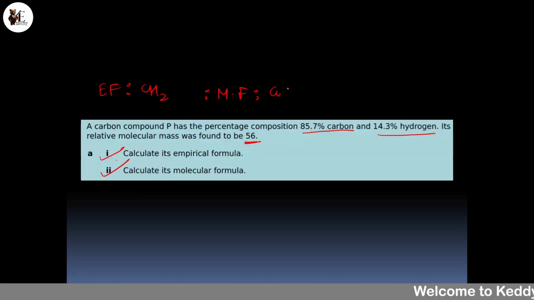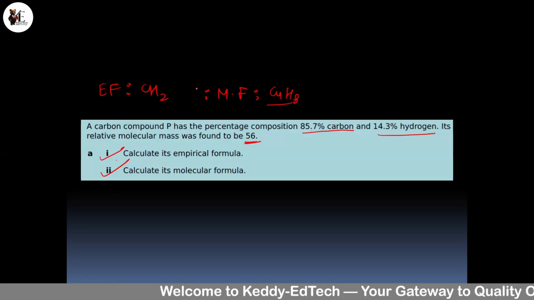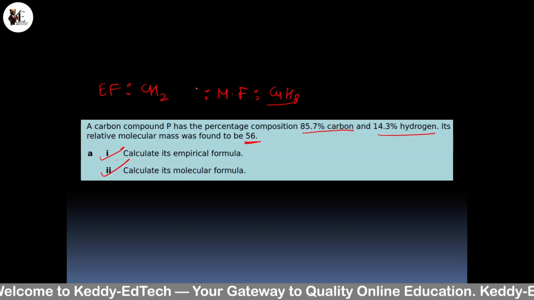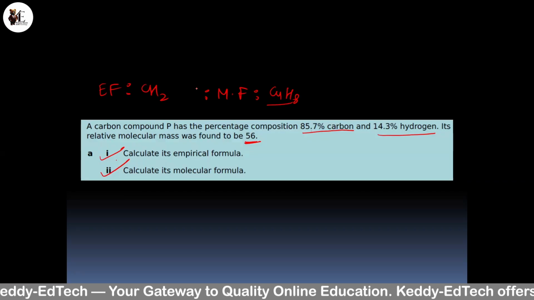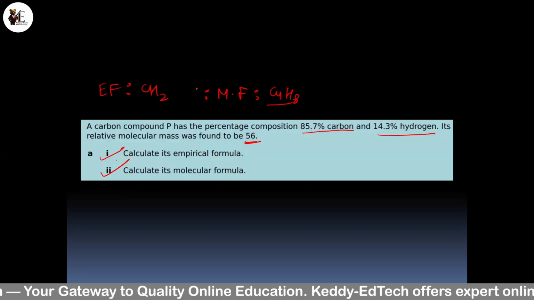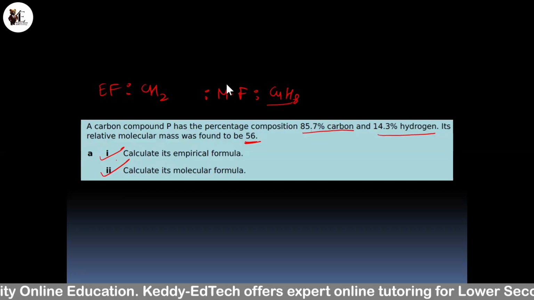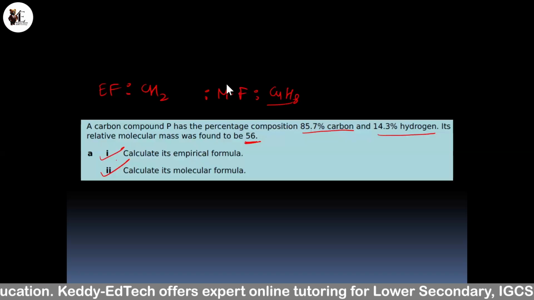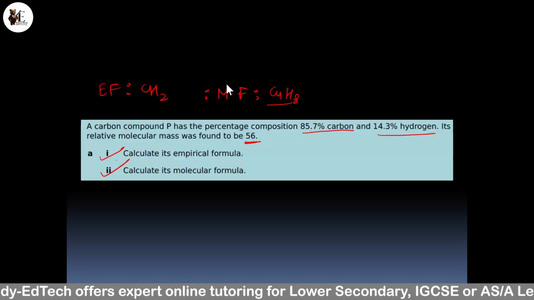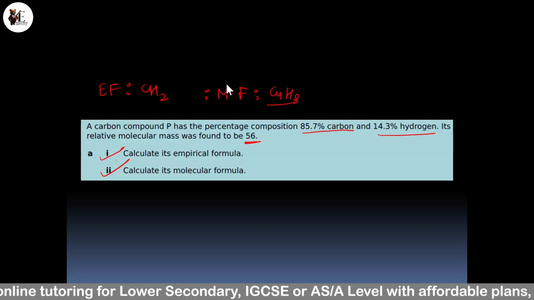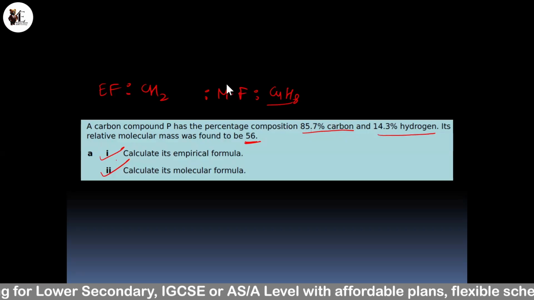Let's wait for Shama's answer, then we'll discuss. Empirical formula, I got CH2, and molecular, I got C4H8. Okay, so if both of you are getting the same answer, then it should be correct.